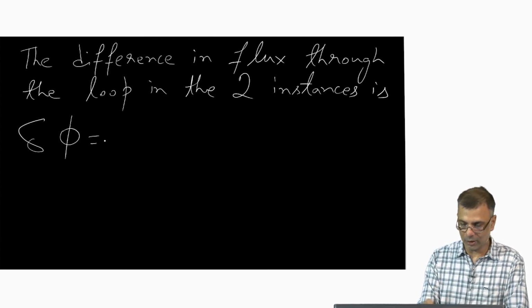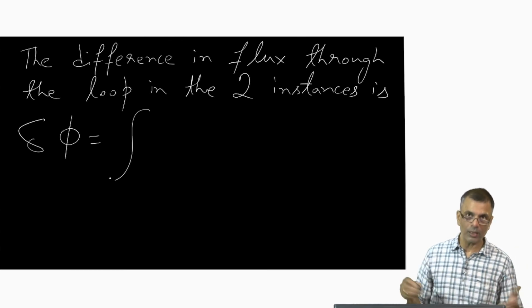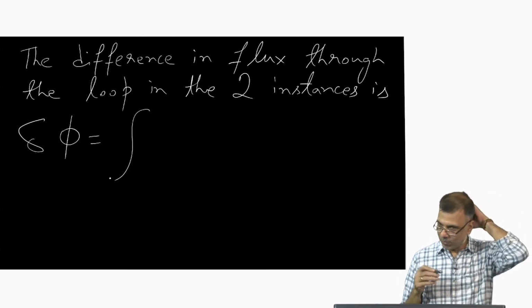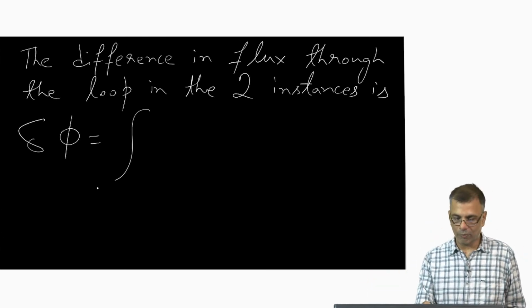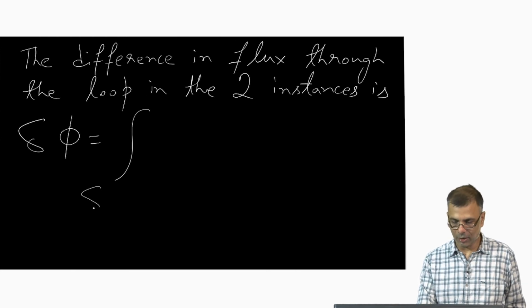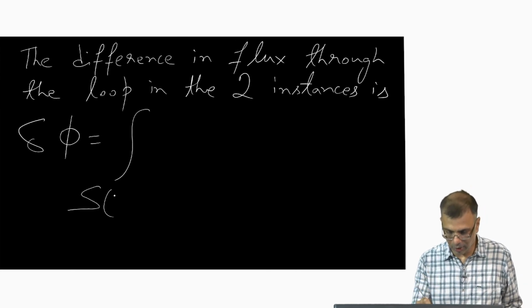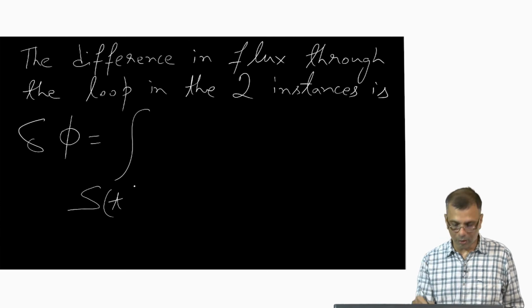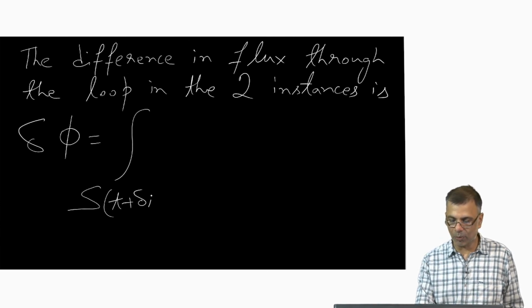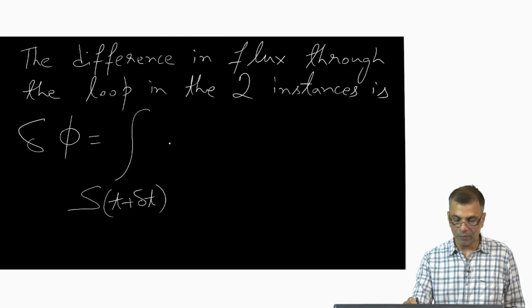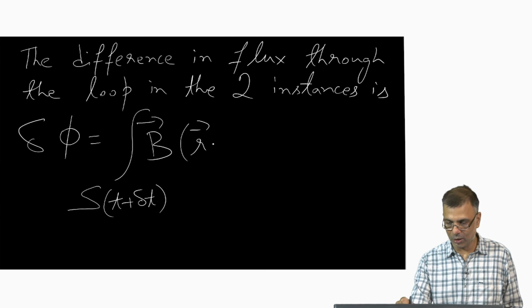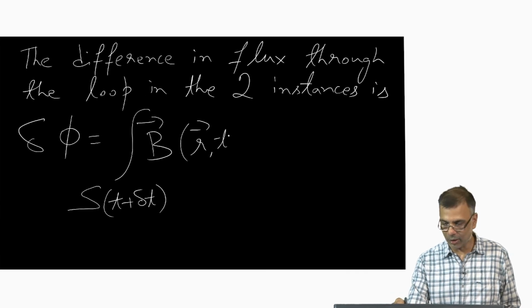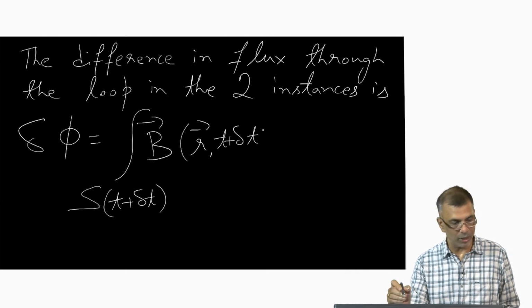This is equal to, going by the definition of phi, phi is essentially B dot dA, isn't it? So delta phi is the integration over the cross sectional area at t plus delta t of the magnetic field, which is a function of position and time, and the time is t plus delta t, mind you, dot dS.